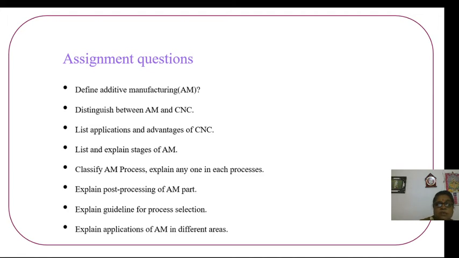When it comes to classification, AM processes have been classified into solid sheets, molten material, discrete particle system, and liquid polymer system. Here the liquid polymer system is STL, stereolithography, then the molten material system, the discrete particle system, and the solid sheet system.